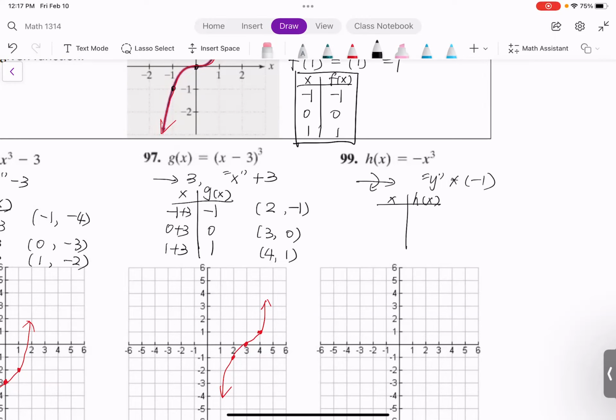Copy down all the x values, -1, 0, 1. And the y multiplied by -1: -1 times -1, 0 times -1, and 1 times -1. They are -1, 1, 0, 0, 1, -1. So the 3 key points are -1, 1, 0, 0, 1, -1. Okay, we must have the shape like this.